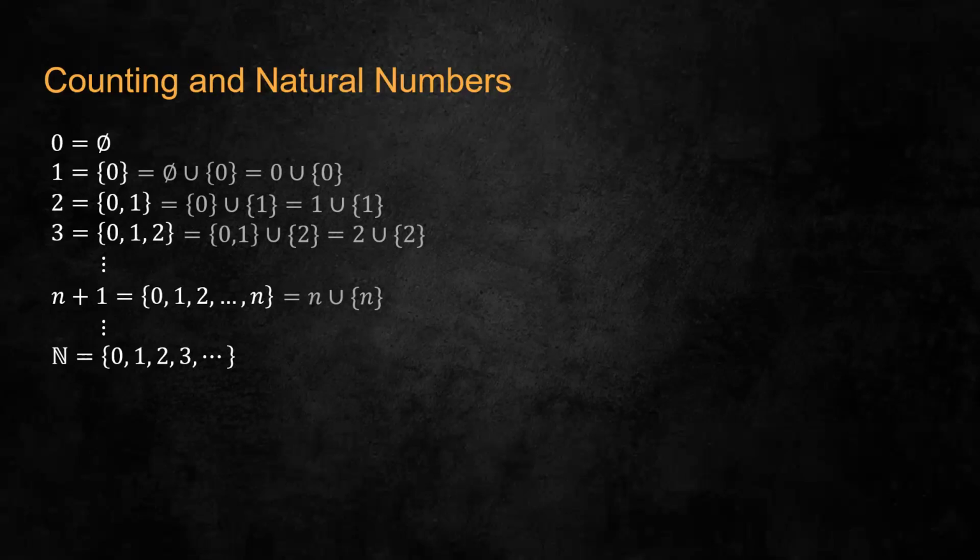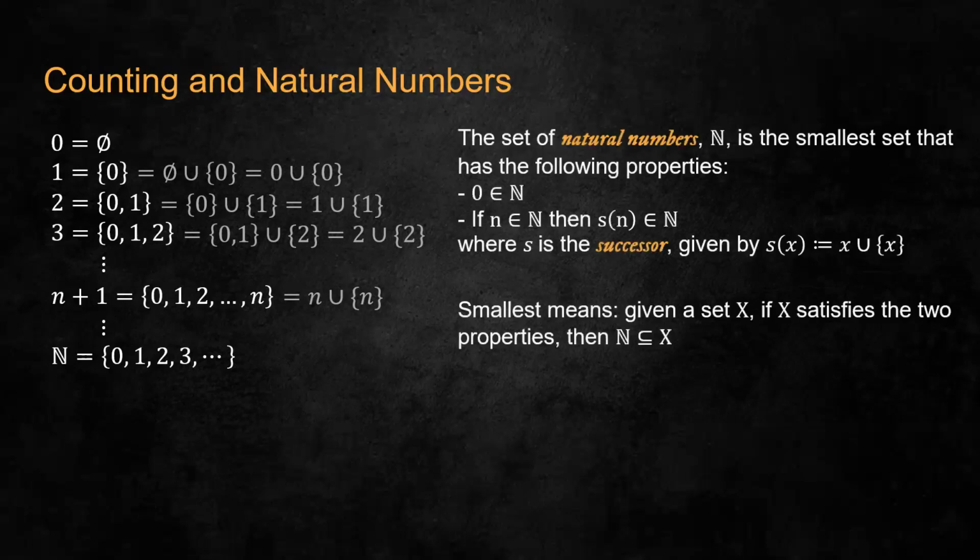And now we can define exactly what it means, the set of natural numbers. Because mathematically saying, and then we just repeat this to infinity, it's not very precise. So the natural numbers is the smallest set that has these two properties.